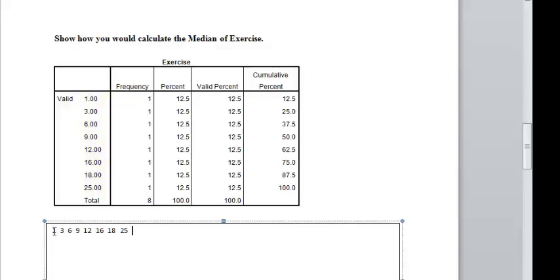Okay, so we have 8 numbers again, so you're going to 4 again. 1, 2, 3, 4. So you got 9, and you got 12 that are the two middle numbers. So you're going to add those together, and that's 21. And you divide by 2, and so it's 10.5 for the median for exercise.